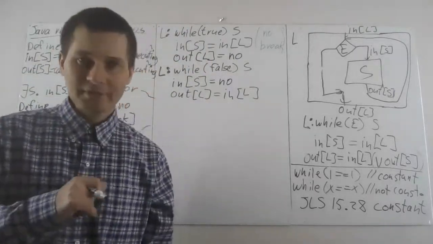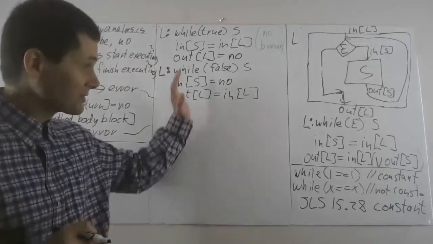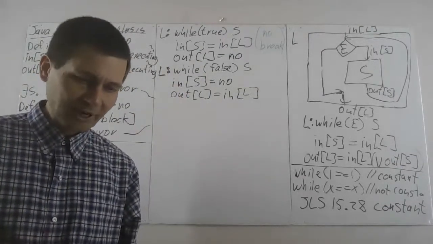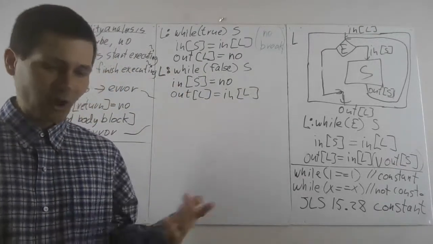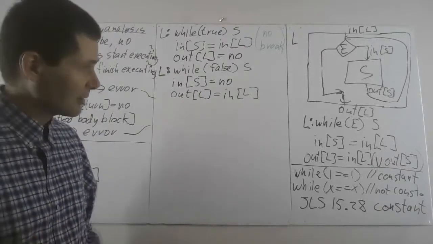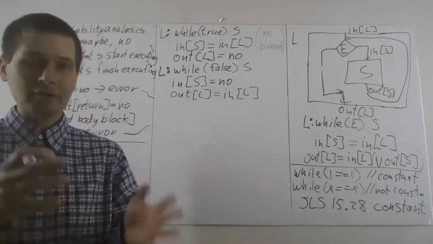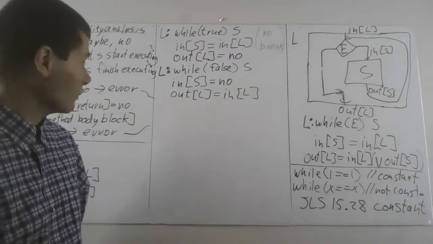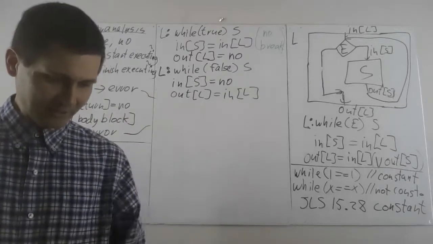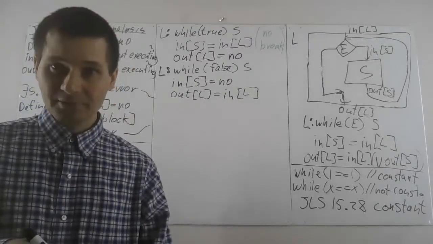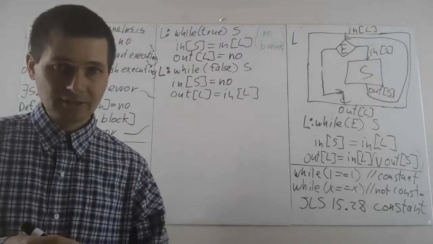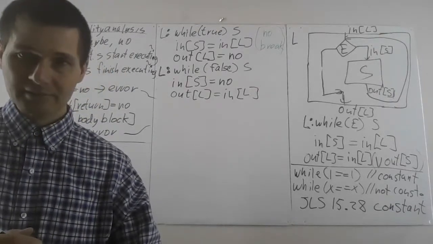I'm going to leave those as an exercise. Any questions about these before I go on to the other kinds of statements? We've covered if statements and while loops. Those are the most interesting ones. The rest of them will be simpler. So any questions here? All right.